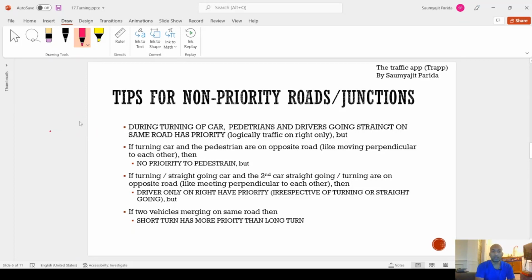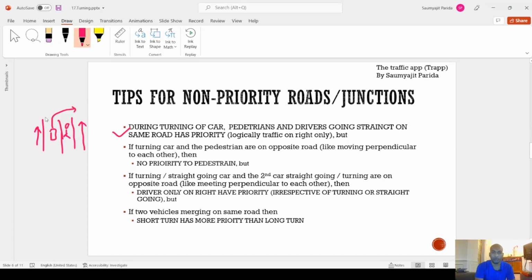So starting with this part, the first point is during turning of a car, pedestrians and drivers going straight on the same road have priority. For example, if a road is like this and there is a walkway here for pedestrians, and a car is going to take a turn here, the car was going from south to north, and the pedestrian is also going from south to north.